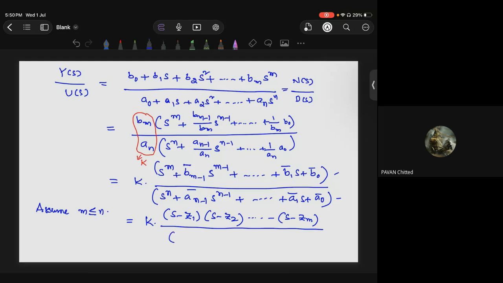The denominator polynomial is s minus p1, s minus p2, etc., up to s minus pn. Now you can see here. Let me copy this part again.